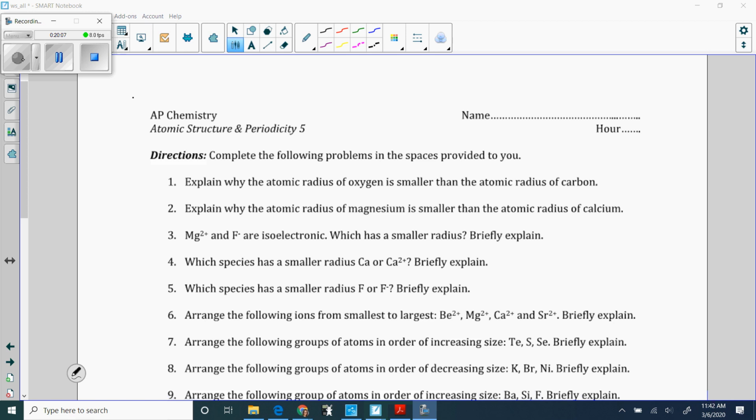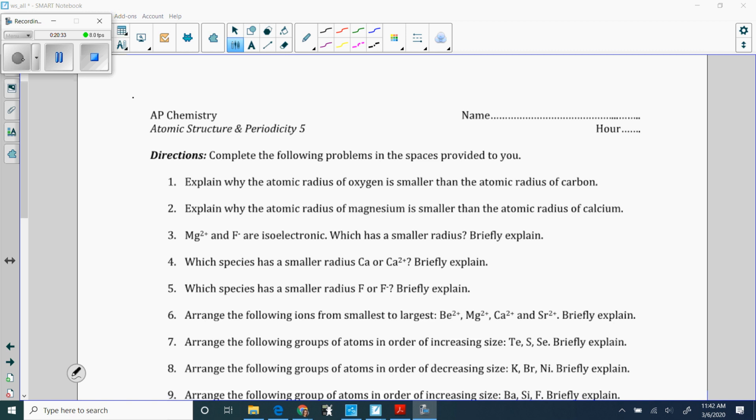All right, these are going to be the questions. I'm going to do the first one with you to show you what the words are. It says, explain why the atomic radius of oxygen is smaller than carbon. We can think of energy levels as being layers.